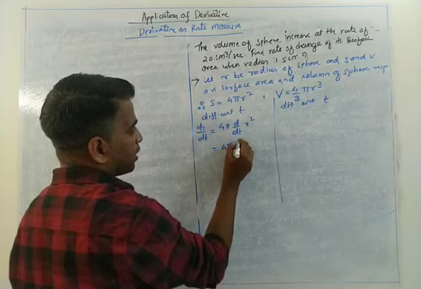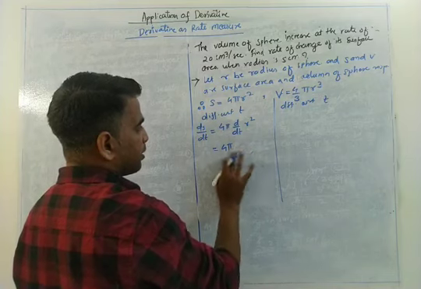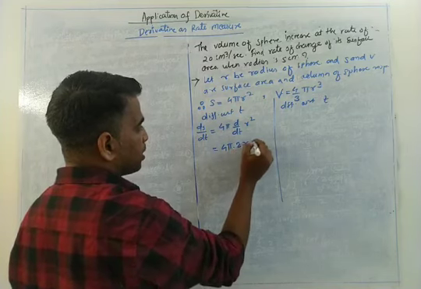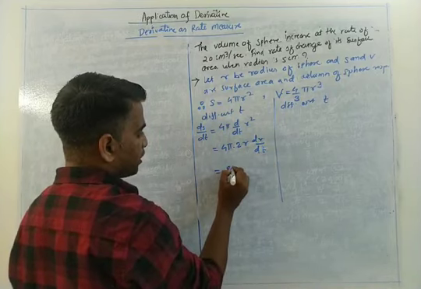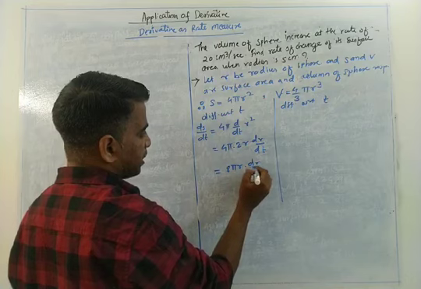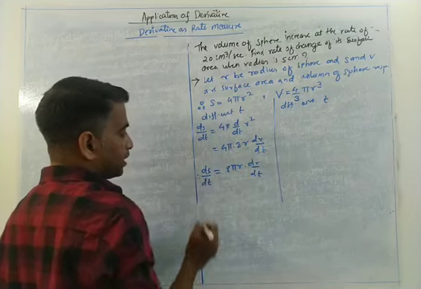So 4 pi d by dt of r square is 2r dr by dt, which is equal to 8 pi r dr by dt, the value of dS by dt.